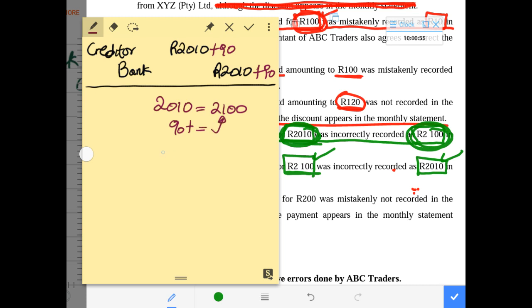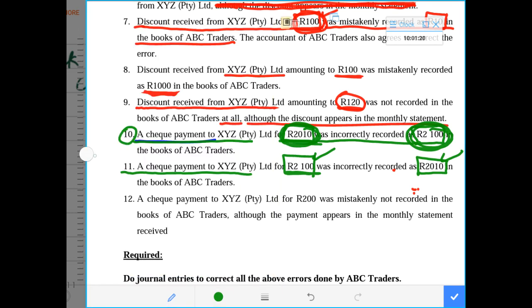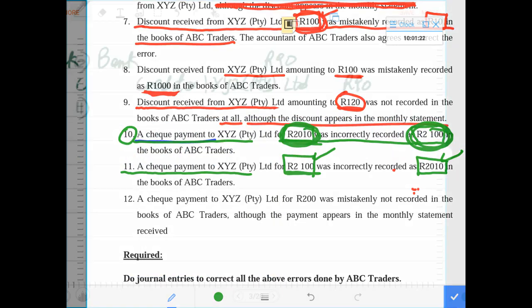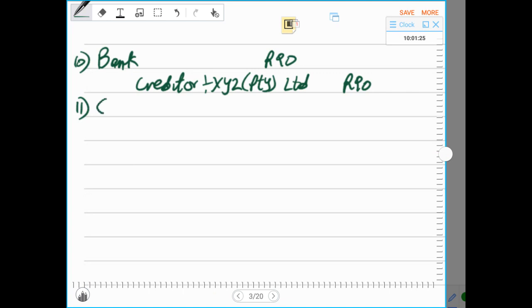Similarly with the bank, we decreased our bank by 2,010 instead of 2,100. So now we needed to add 90 rand so that it becomes 2,100. So now we keep the same entry, but we only record the adjustment of 90 rand. We keep that entry as it is, debit our creditor because it was understated.